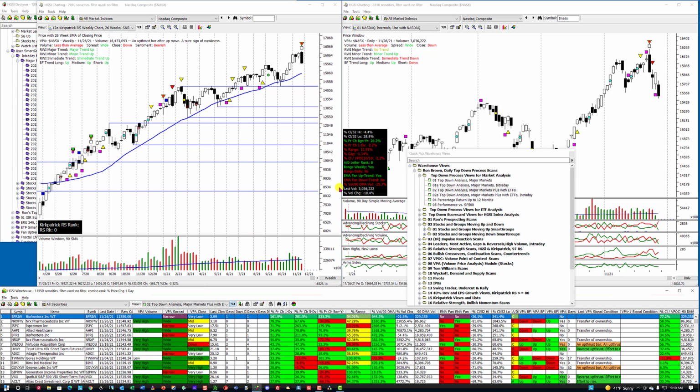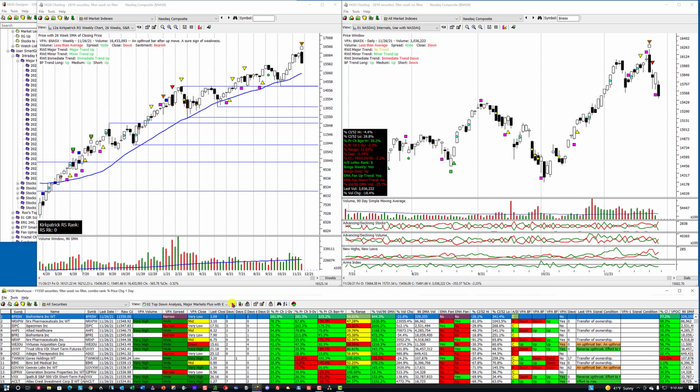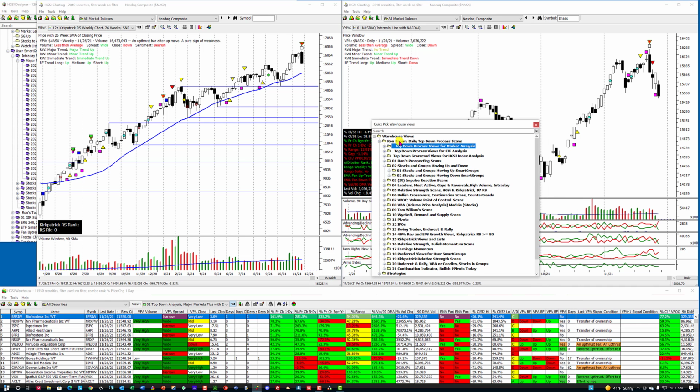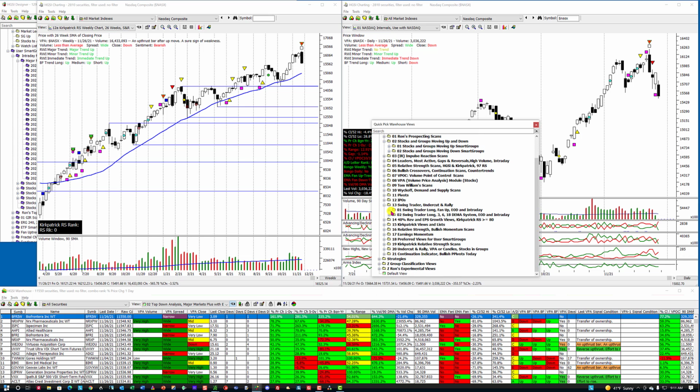Now, what I want to show you is something that I put in this morning, and there is a lot of interest in swing trading. So I had some swing trading scans in here. I think this is a much more powerful way to do it.